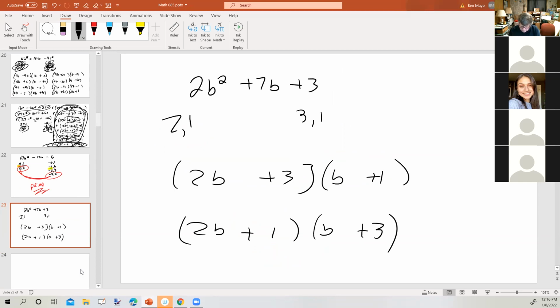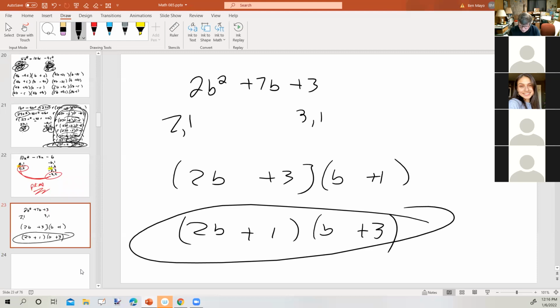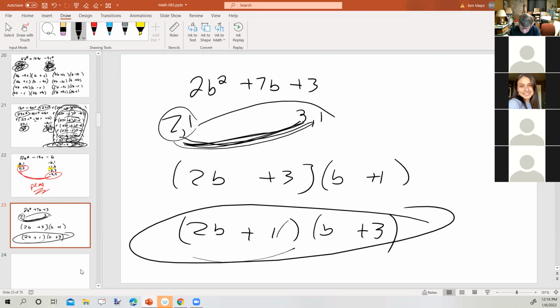So which one is it? It's that one, because there's your 7. 2 times 3 is 6, and 1 times 1 is 1, and 6 and 1 is 7. So this goes like this, and the 2 gets multiplied by the 3, which means it can't go there. It's got to go over here, because you don't multiply within the binomial. Is that making any sense?